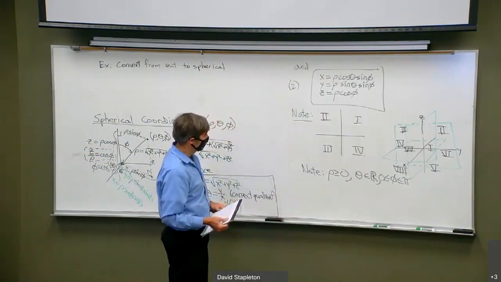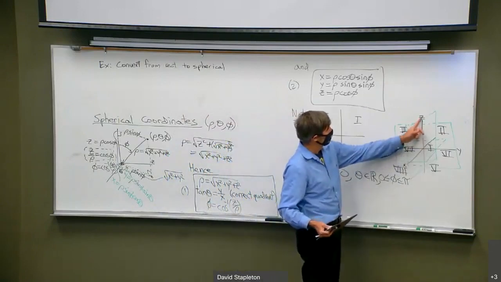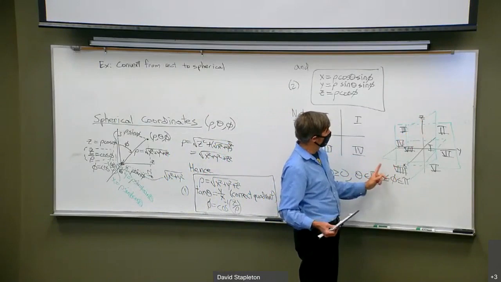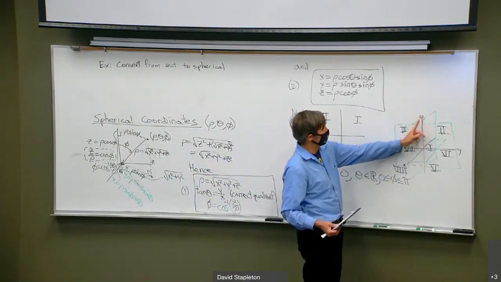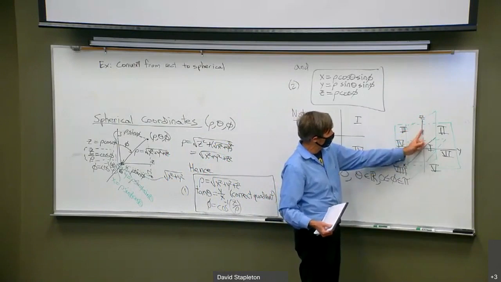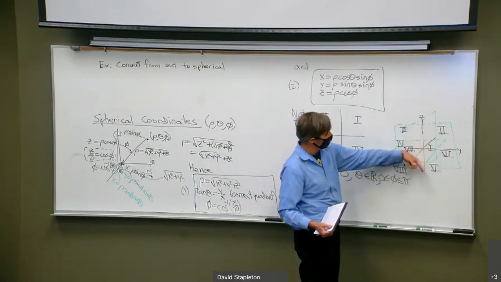And if you're along the positive z-axis here, theta is arbitrary. You just put phi equals 0 to stay on the positive z-axis. Go up a distance rho, and theta doesn't matter. So all thetas are the same. And if you're on the negative z-axis, well, that's phi equal pi, and rho equals however far you go. It doesn't matter what theta is.